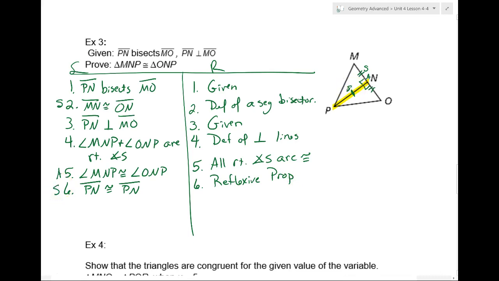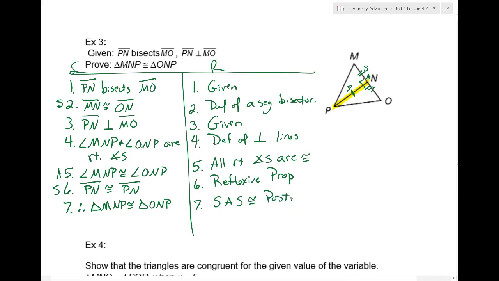So side, angle, what? Side. So therefore I know triangle MNP is congruent to triangle ONP by the side, angle, side congruence postulate.